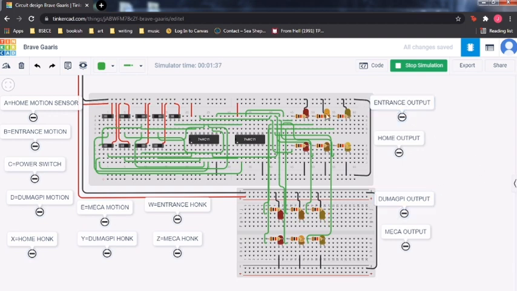At the entrance output, the orange light is on, meaning there is medium risk in passing through the blind curve because there is a car at the Dumapi side. Then at the home, the yellow light is on because there is low risk at the blind curve, since it is far from the home gate. And at the Mecca, the orange light is on, or medium risk in passing through the blind curve.